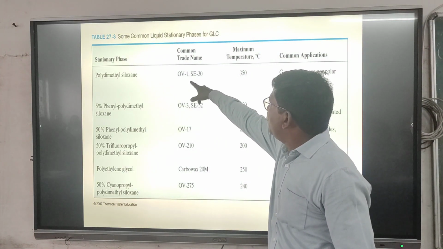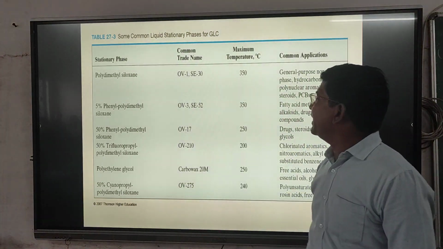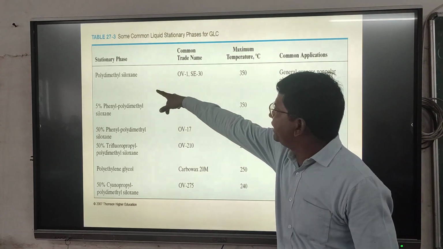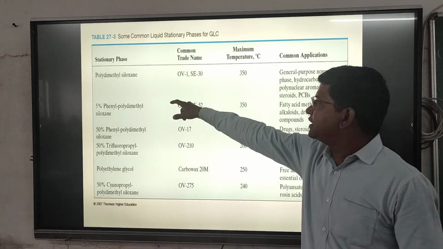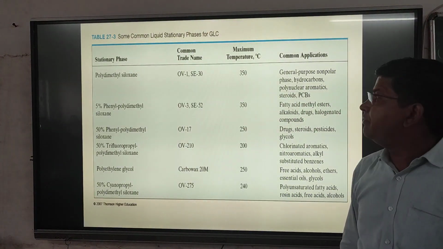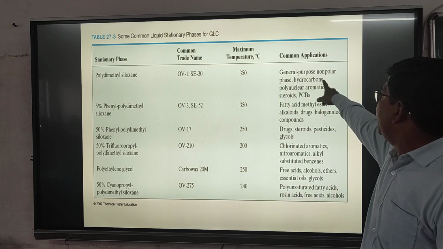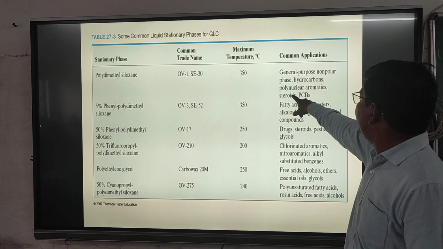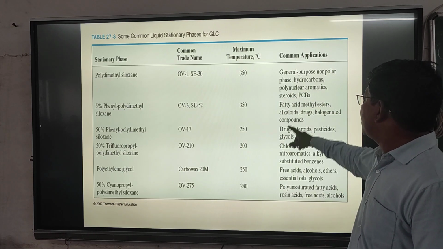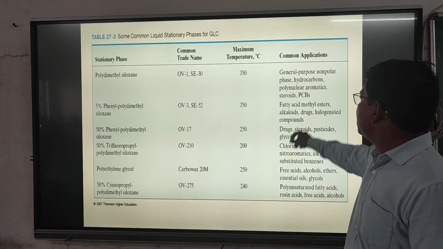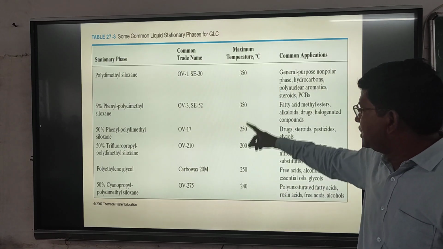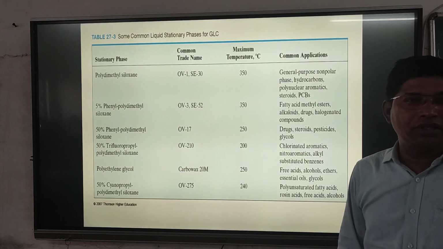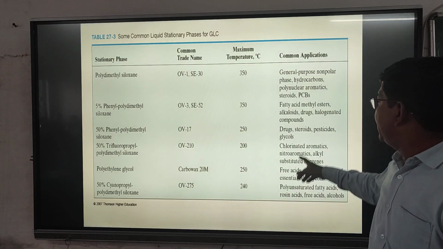If you have OV1 or SE30, the packing material inside, the stationary phase, is polydimethyl silicone, and we can use this column for separation of non-polar compounds, hydrocarbons, polynuclear aromatics, steroids and PCB-like compounds. So these are the different columns that we can get from the market, and we can separate these.